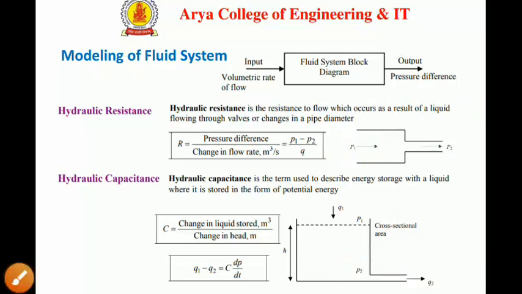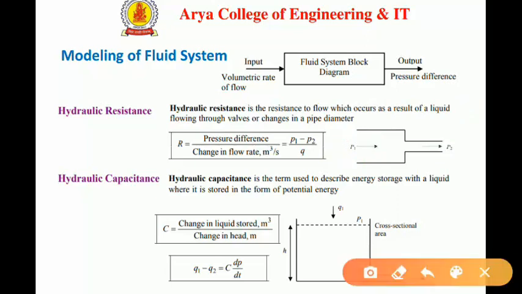Now we have another element, another block of fluid system, that is hydraulic capacitance. Hydraulic capacitance is the term used to describe energy storage. It is used to describe energy storage with a liquid, where it is stored in the form of potential energy.